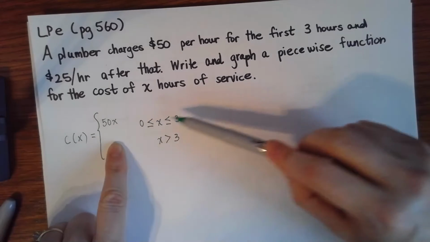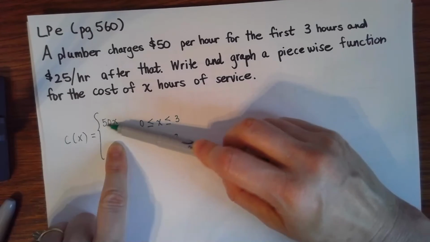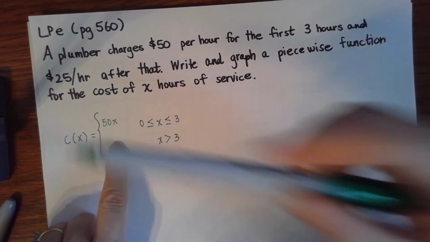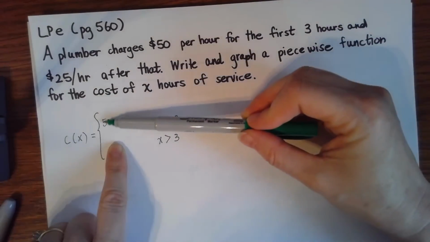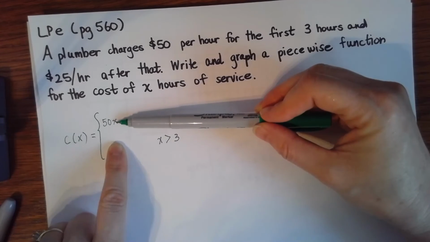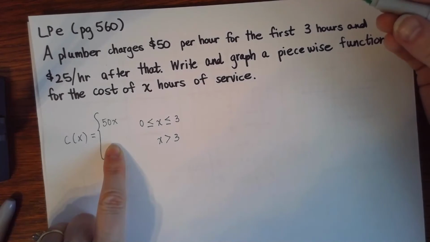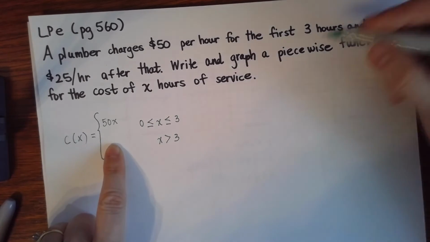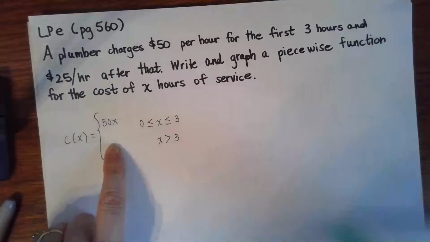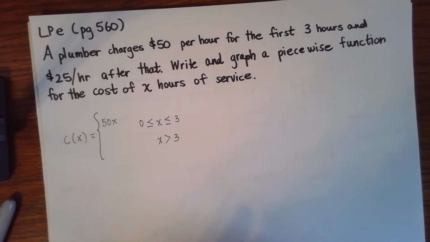Here, for 3 hours, it would charge $150. So do you think the plumber is going to charge $150 for 3 hours, but $100 for 4 hours? That doesn't really make sense, does it? No, it doesn't.